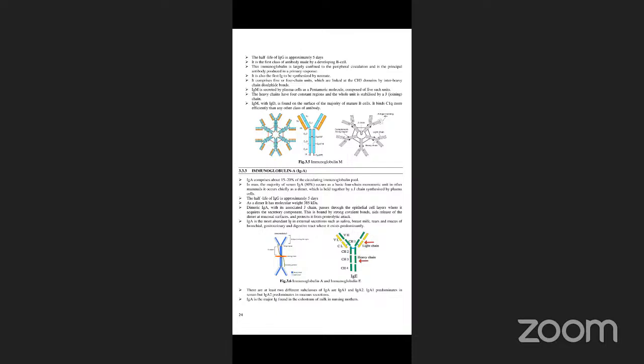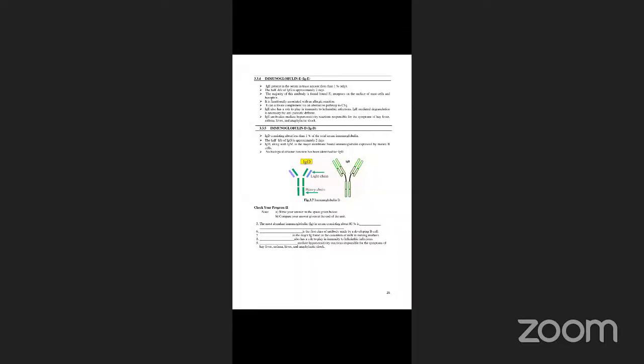IgA is more abundant in secretions like saliva, breast milk, tears, mucus of the bronchia, the genitourinary tract, and the digestive tract. Here also there are different classes, IgA1 and A2. A1 is predominant in serum, and A2 is predominant in mucus secretions. In the colostrum of the milk, IgA usually passes to the babies.